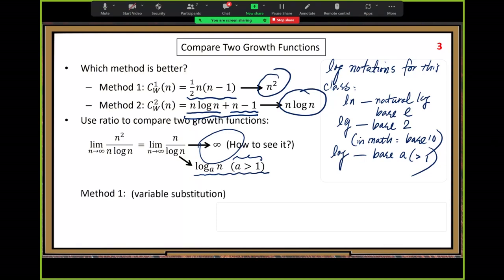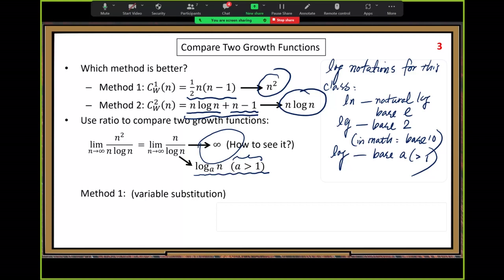The first way is variable substitution. Most people may not be very familiar with the log function, so we can use variable substitution to avoid the log function in our expression.